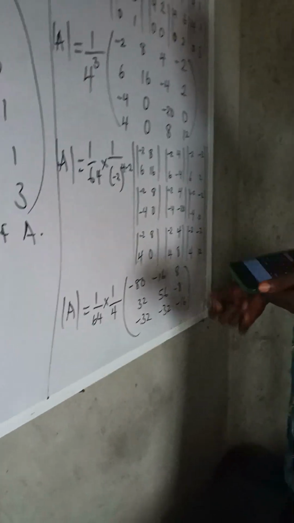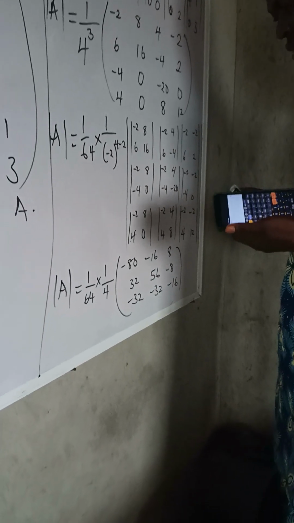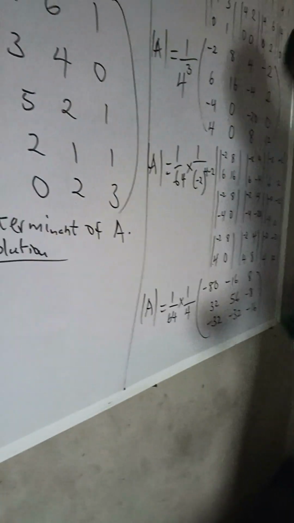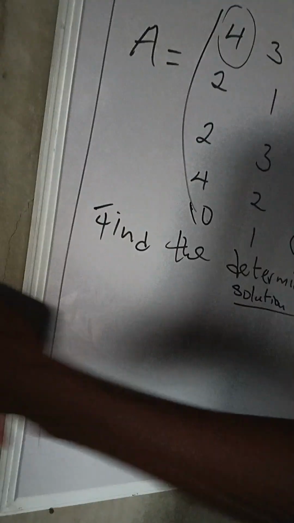Now we can use our normal method of finding determinant to get this. So to use that, I'll quickly rub this.